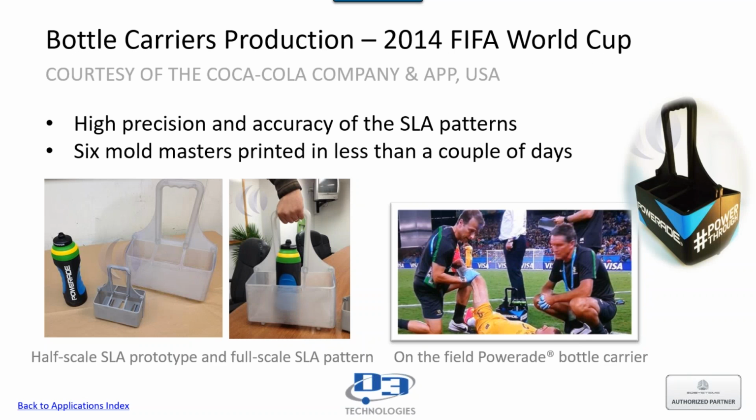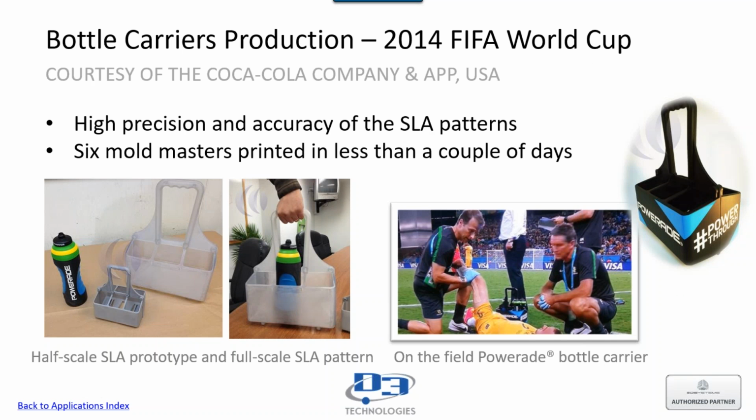This happens to be an example of a great application of Coca-Cola Company and APP, which happens to be a division of 3D Systems, their Quick Parts division, and how we worked together to make this happen for them.